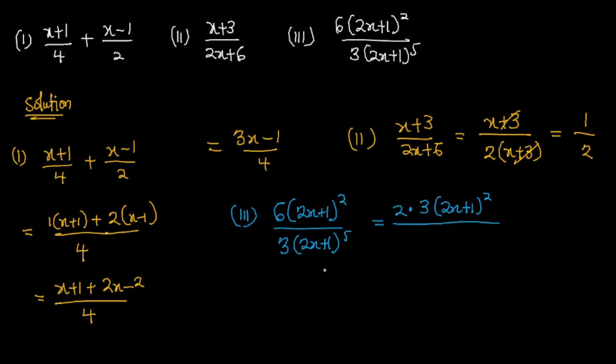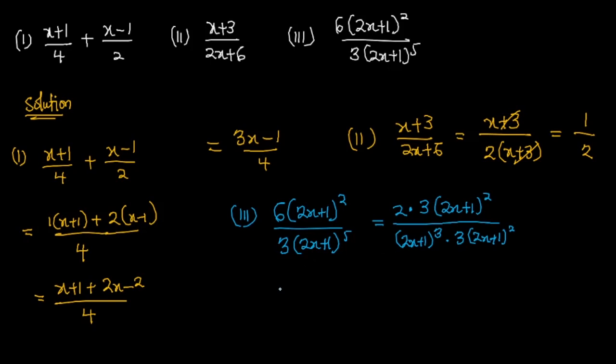Then over here, I can decide to rewrite this as (2x + 1) raised to the power 3, multiplied by 3 into (2x + 1) squared. All that I've done here is rearrange this expression.